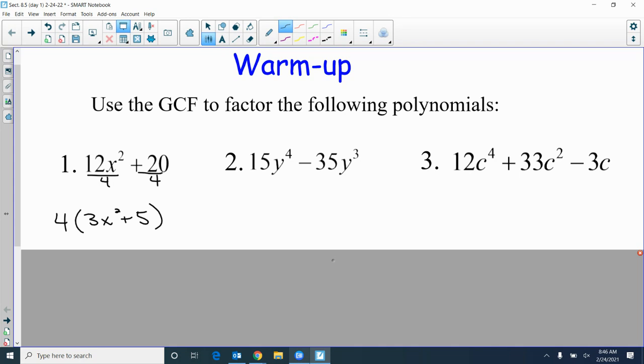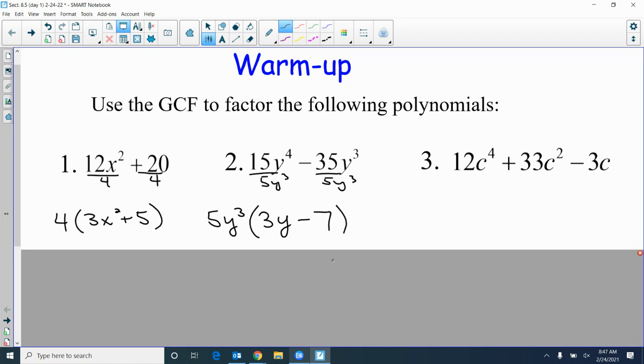All right, Zane, how about the second one? What do you think the GCF is for the second one? 5. 5 would be part of it, but it also has a variable. Oh, 5 what? To what power? To the 3rd. Yep, 5y to the 3rd. And then that gives me 3y minus what? 7.